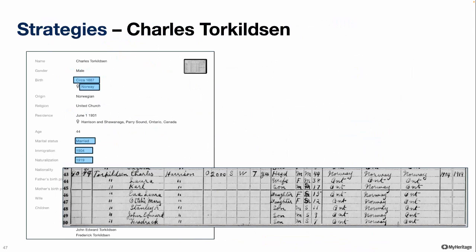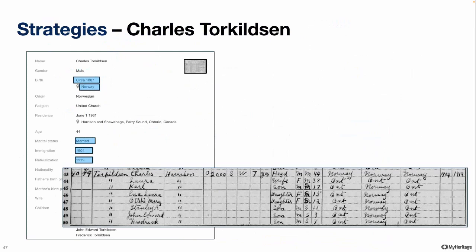And if we see on line 44, we have a Laura Torkildsen, who was born in Ontario, as were both of her parents. So it'd be really unlikely that she and he were married before the immigration. In fact, he immigrated in 1904, and he would have been very young, I think 17, if I remember my math. And then he was naturalized in 1919.